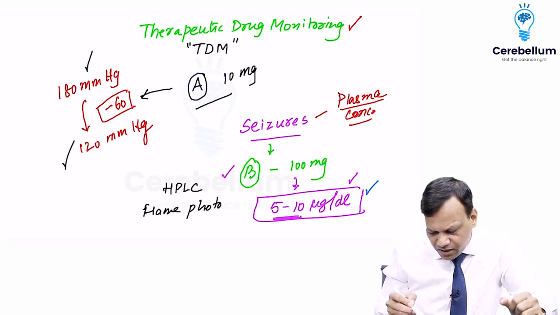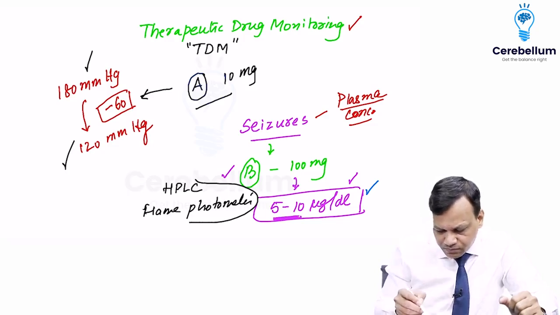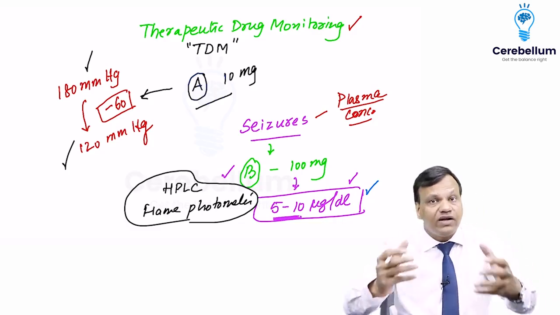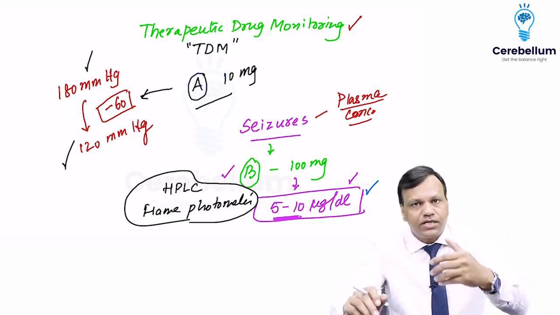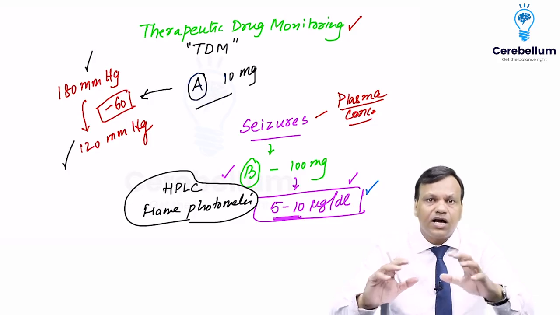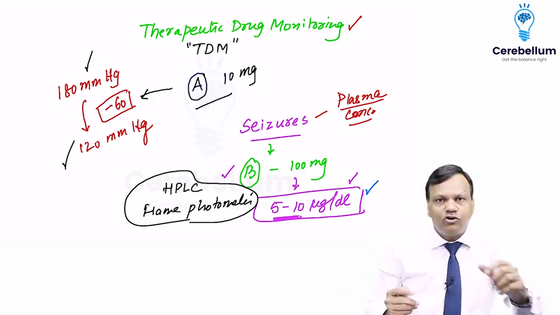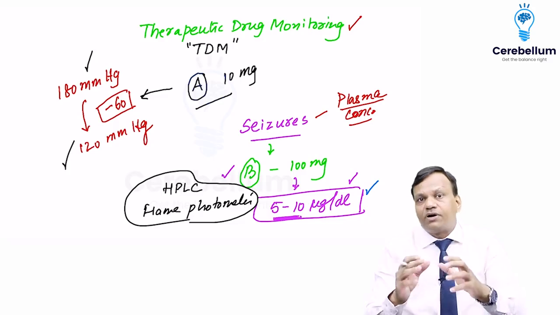These are very costly instruments. They are not available everywhere. The people operating these instruments are very expert, and they are not available everywhere. So when we have to measure the plasma concentration, it becomes very costly.